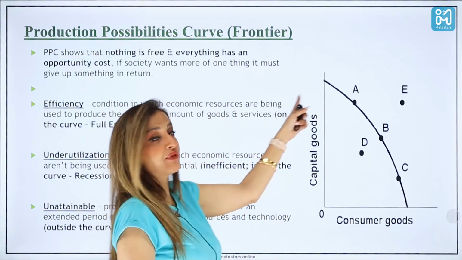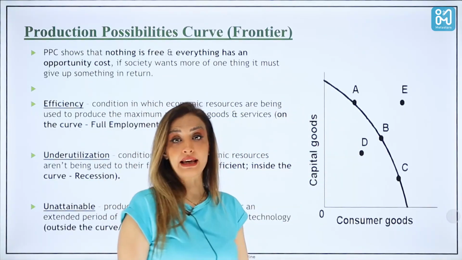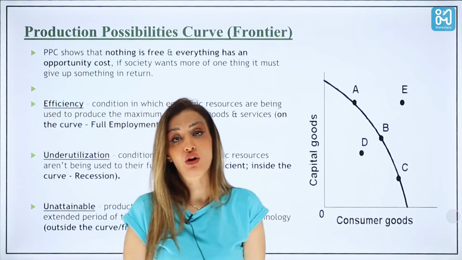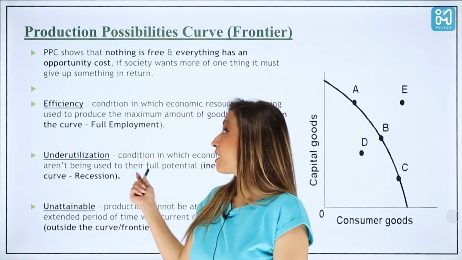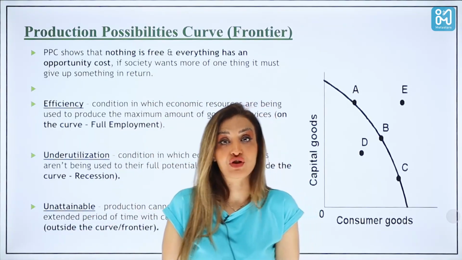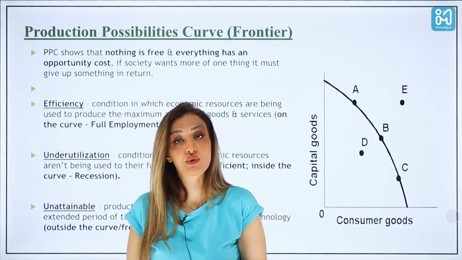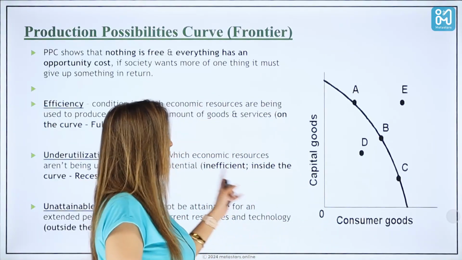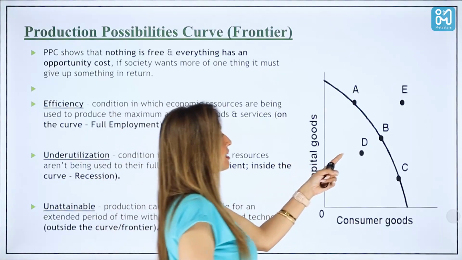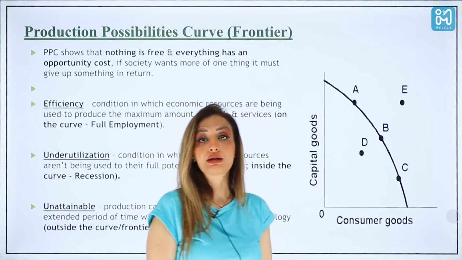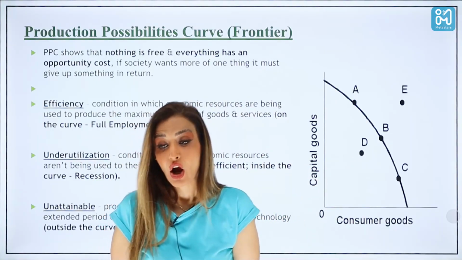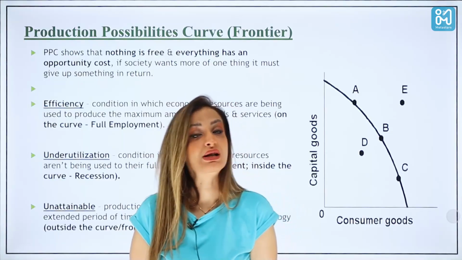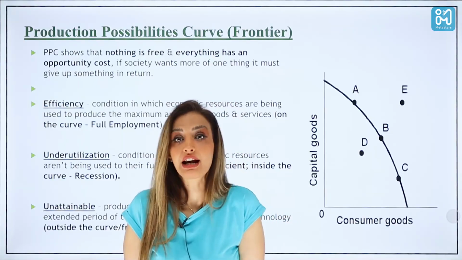Those points on the curve, as you can see, A, B, C, are efficient. I have efficiency here while I'm using my resources and doing my production process. If I look at point D, this is called underutilization, which means I'm using my resources inefficiently.